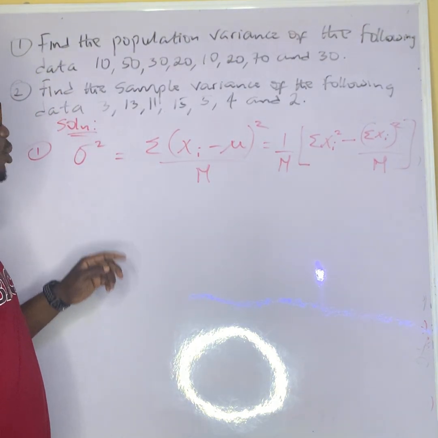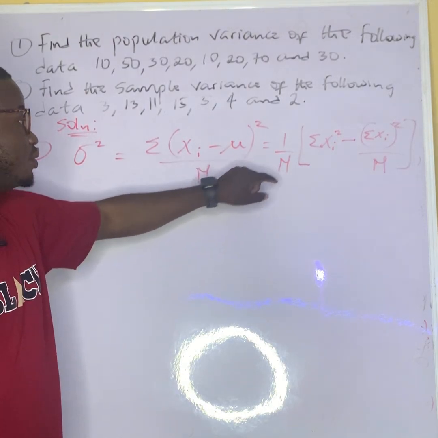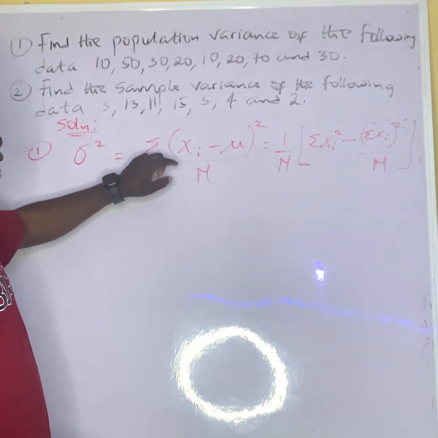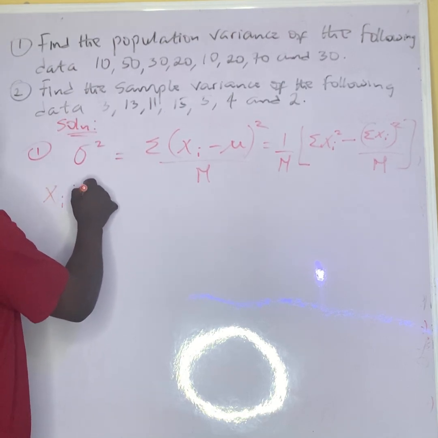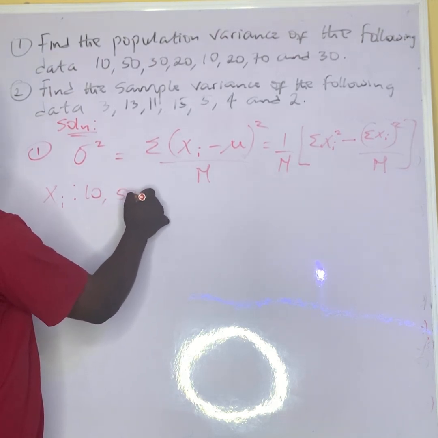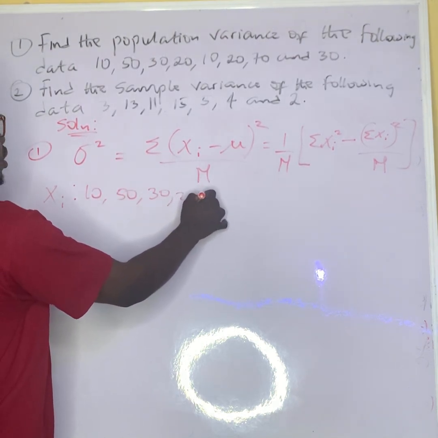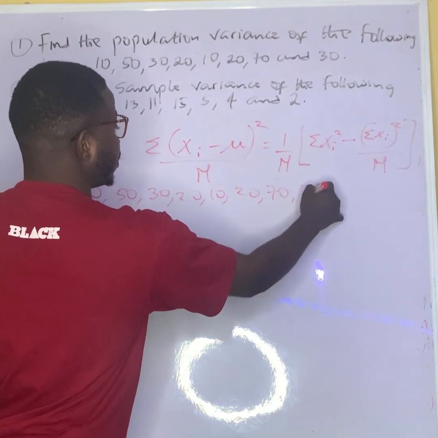Since we have to obtain the population variance, we can use this formula or the other formula. Using this formula, the xi values are the data that we were given from the question: 10, 50, 30, 20, 10, 20, 70, then we also have 30.